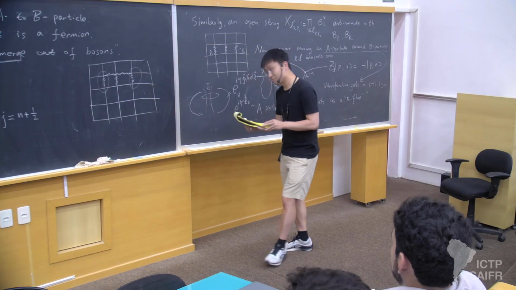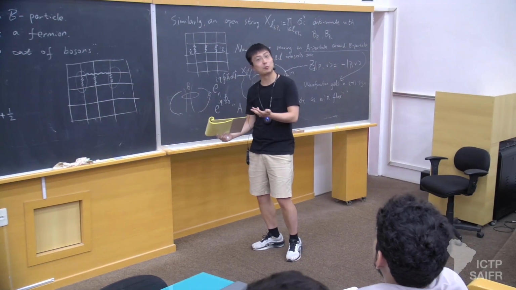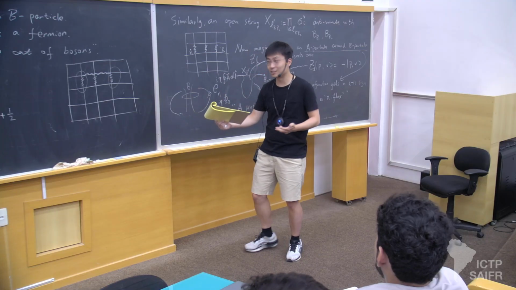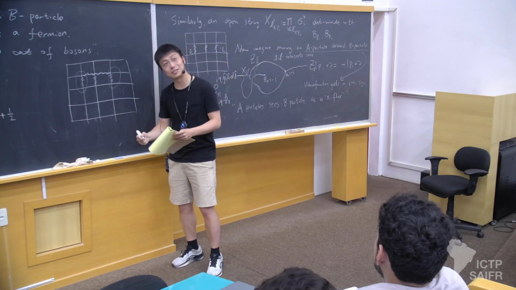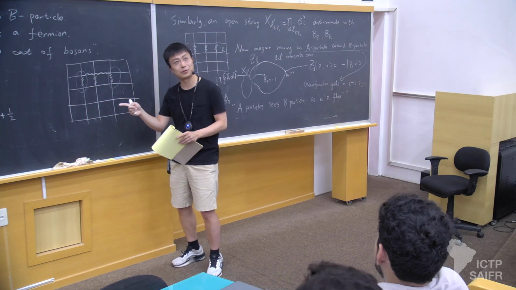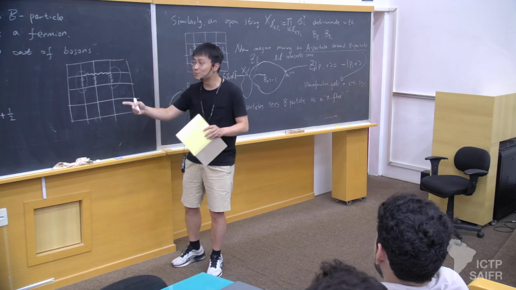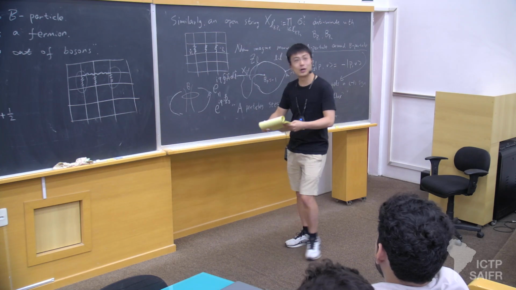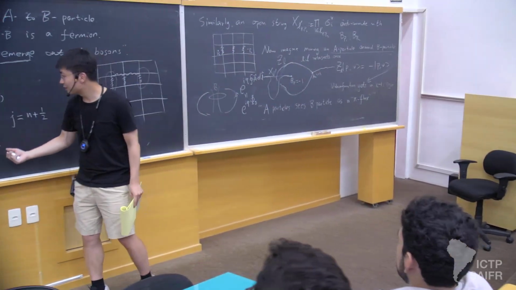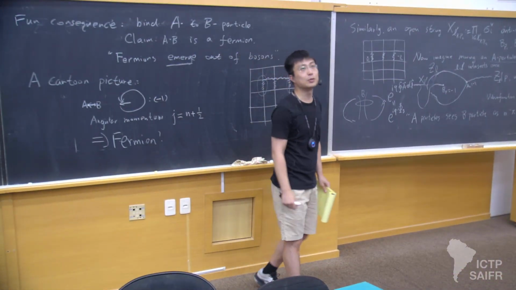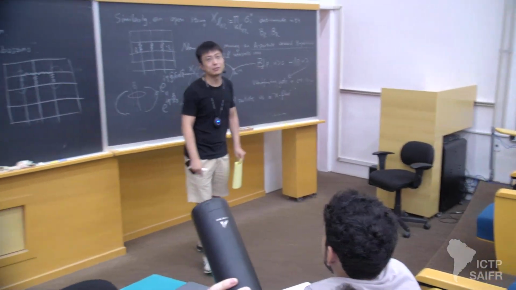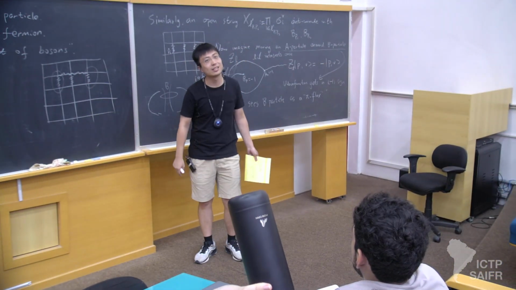If you feel this argument is somewhat weird, you're on the right track, because I'm doing something slightly illegal. It might be a fun exercise for you to think through exactly where things are illegal. For one thing, this connection between angular momentum and boson versus fermion statistics is better justified if I have a relativistic Lorentz invariant theory.